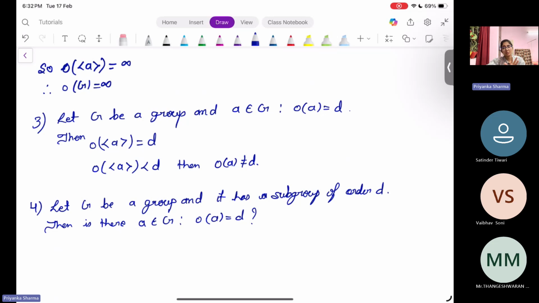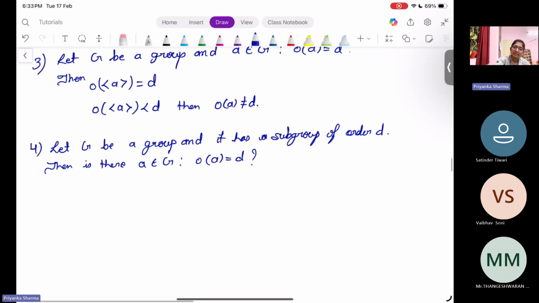So is it true in general? Any of you want to make a guess? Or can we have a counterexample to this statement?